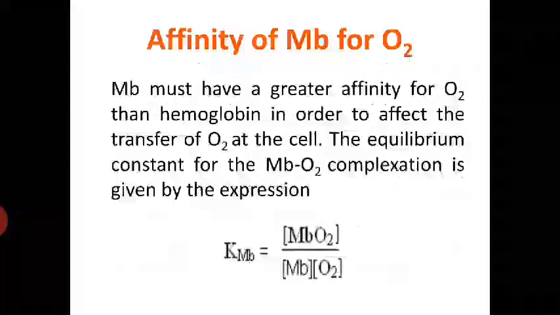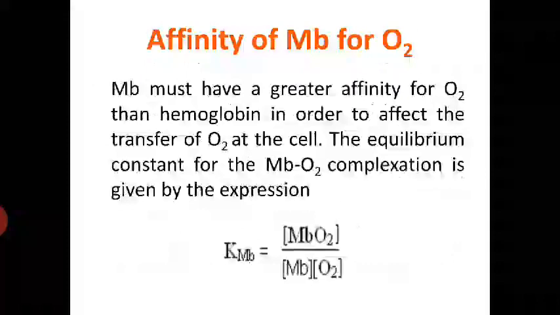So what is the secret behind these reactions or transport of oxygen by myoglobin and hemoglobin? Here the affinity of myoglobin for oxygen is very high. So it must have a greater affinity for oxygen than hemoglobin in order to effect the transfer of oxygen at the cell, where the oxygen concentration is very low or partial pressure of oxygen is very less.